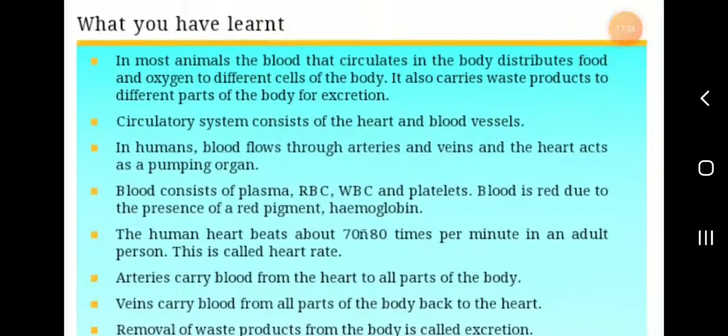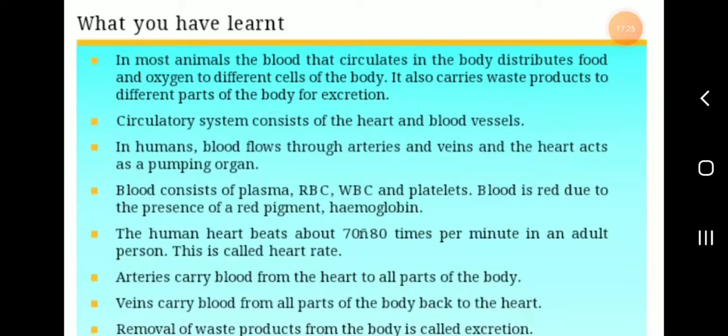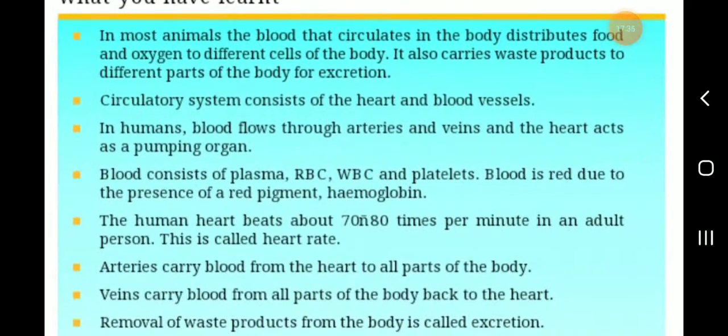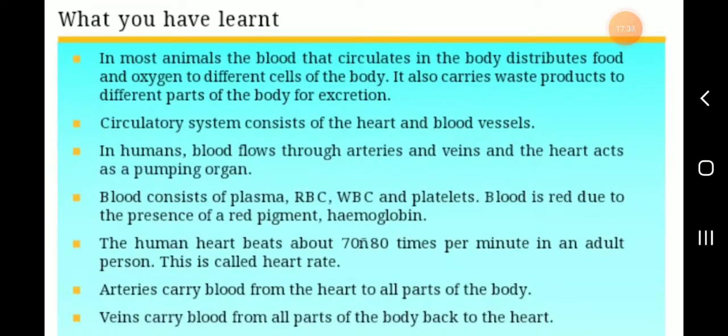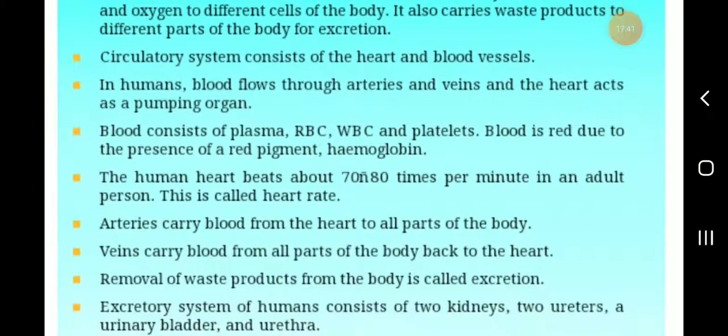Just to recall, in most animals, the blood that circulates in the body distributes food and oxygen to different cells of the body. It also carries waste products to different parts of the body for excretion. Next, the circulatory system consists of the heart and blood vessels.